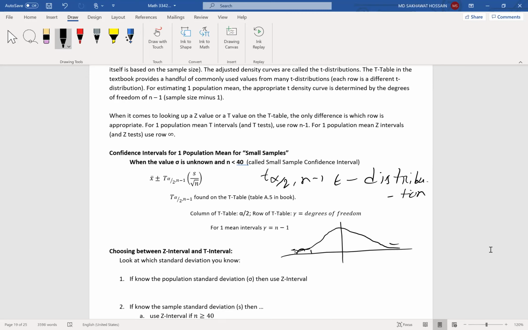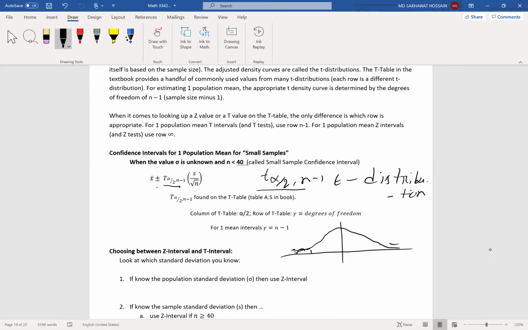Okay, so similar to the Z distribution, you can find the value of t alpha over 2, n minus 1 from the t table. So the formula is a similar formula, x bar plus minus the critical value. Here we have t alpha over 2, n minus 1, and in the previous case, it was Z alpha over 2.